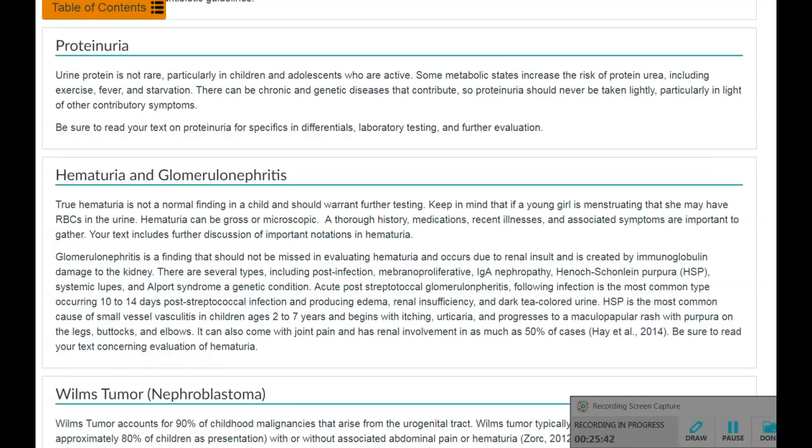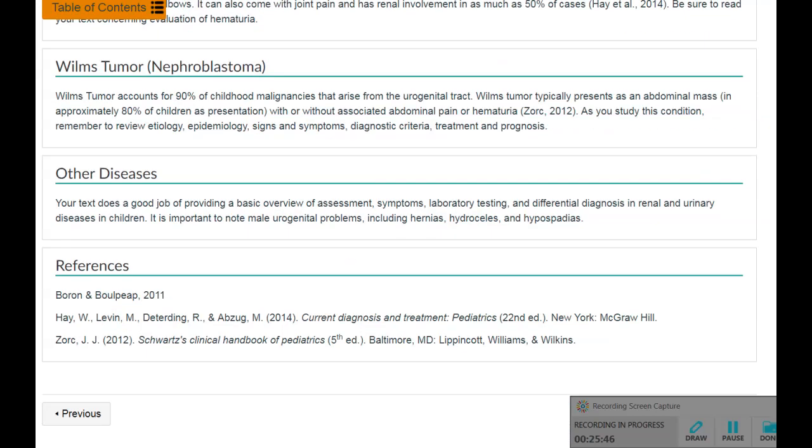Wilms tumor. This is also called nephroblastoma. Wilms tumor, or nephroblastoma, accounts for 90% of childhood malignancies that arise from the urogenital tract.